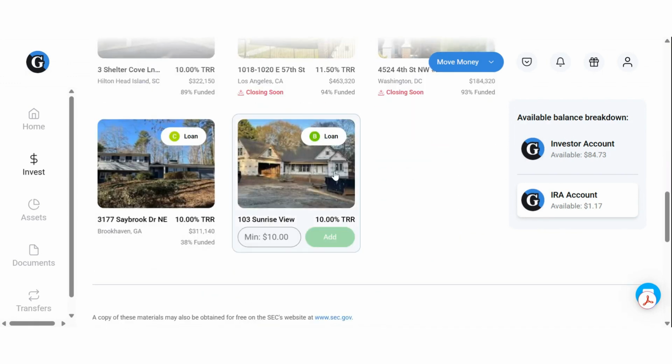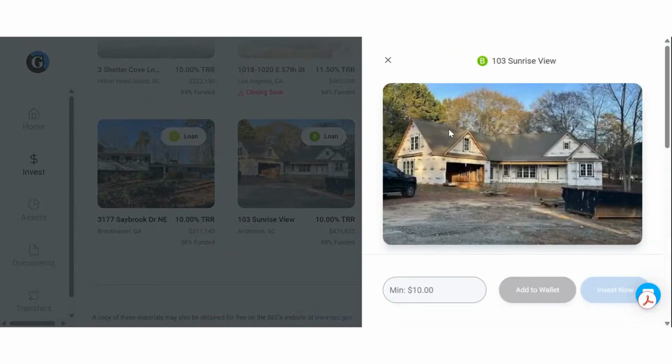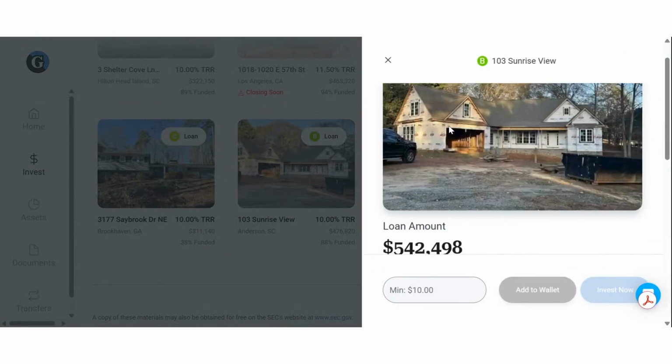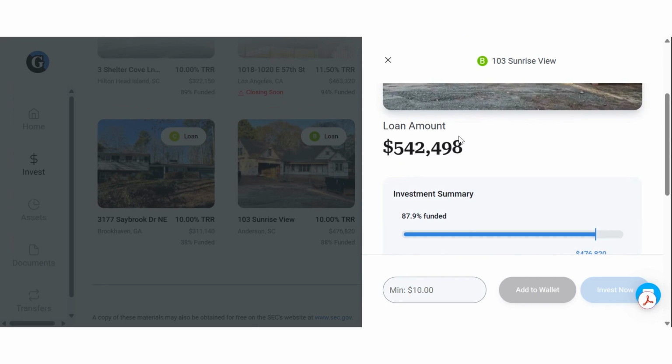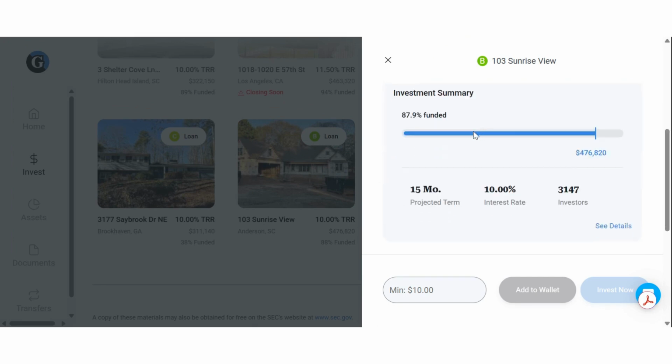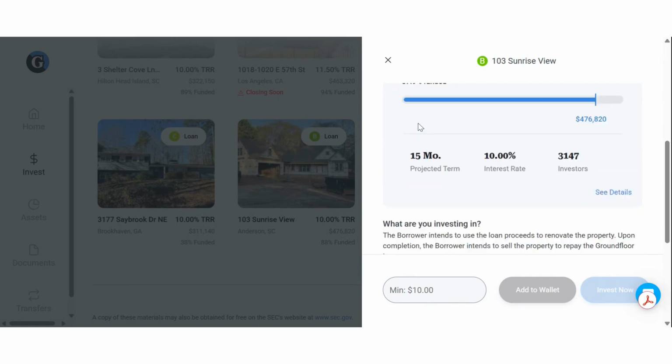If I just flash over this one, if I really just wanted to pick each property to lend into, I could start with a minimum of only $10. Let's just take a look. Now you can see they want to borrow this amount. It's almost fully funded, about 88%.